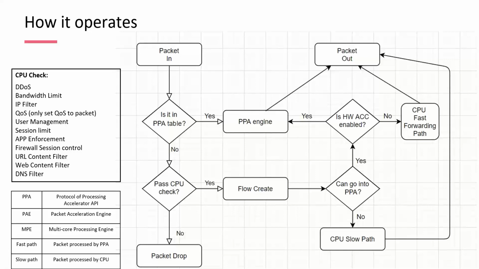So the hardware accelerator can accelerate 2,048 sessions, and additional to that, it can do up to another 5,952 sessions with the CPU's hardware acceleration, which gives a total of 8,000 that can be accelerated. And if you go above that, at 8,001, then that packet would go through the slow CPU path.